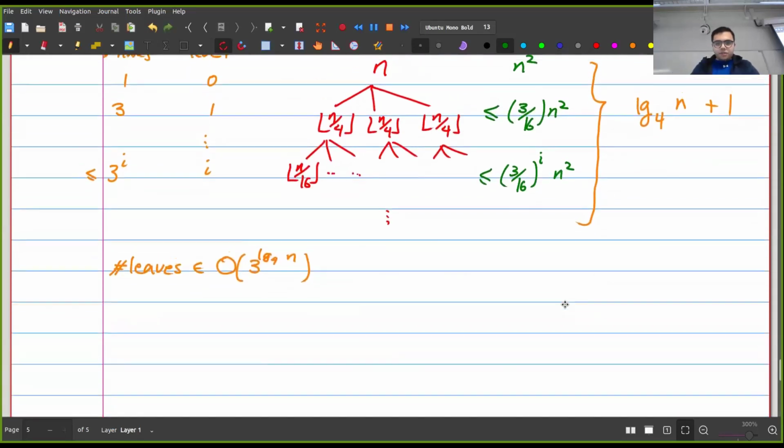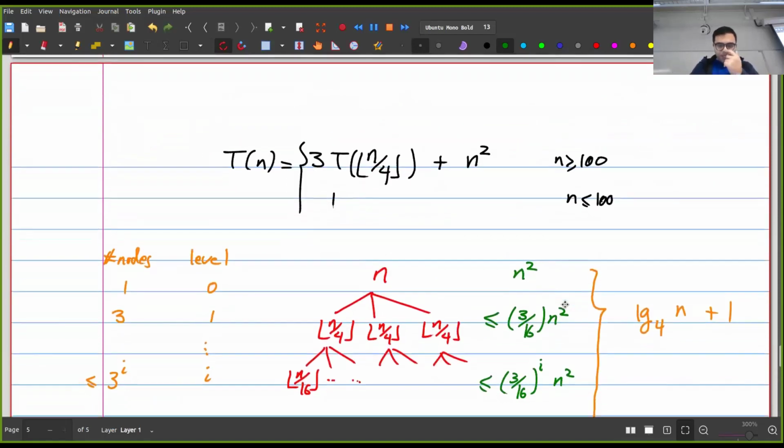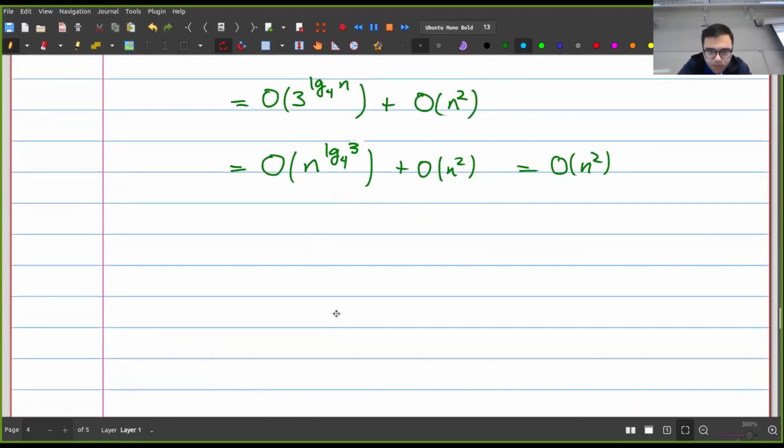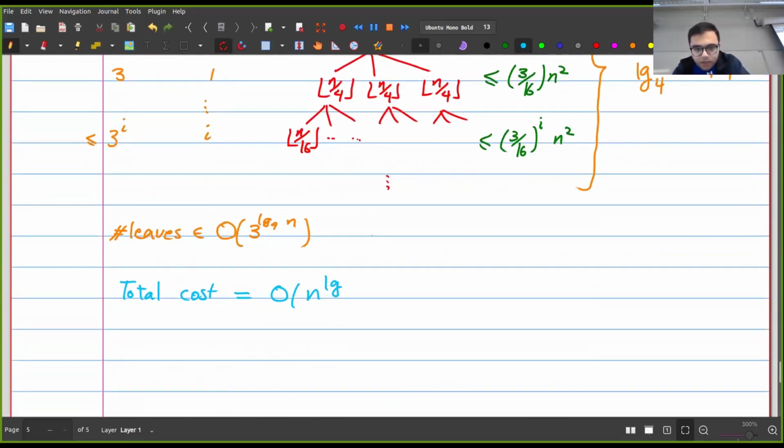And now everything else works out because this was a pretty easy recurrence. So again, I can say that my total cost is just the cost at the leaves, which was O of n to the power of log of 3 base 4. Yeah. I always forget that. Plus the sum of these.